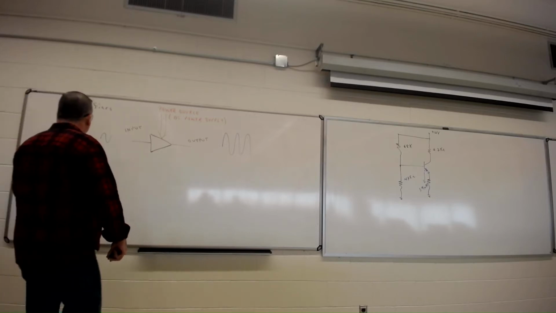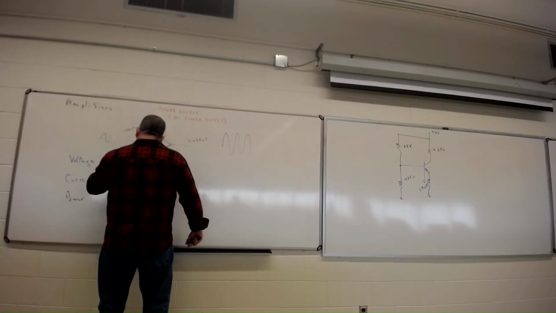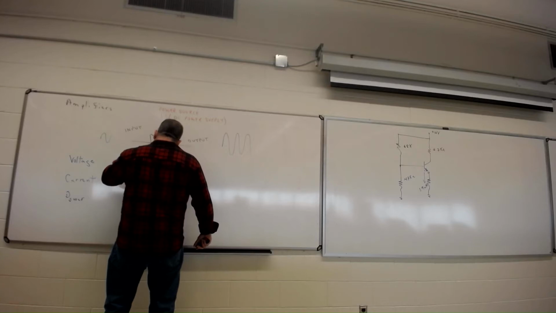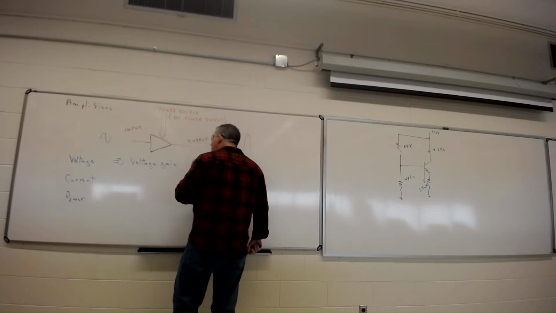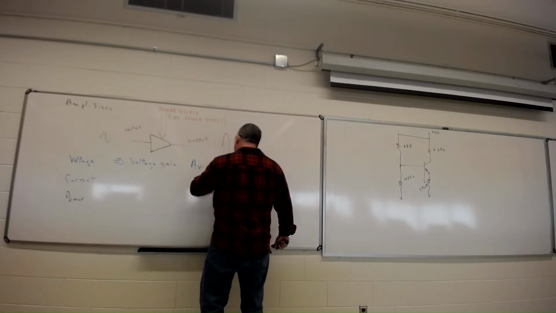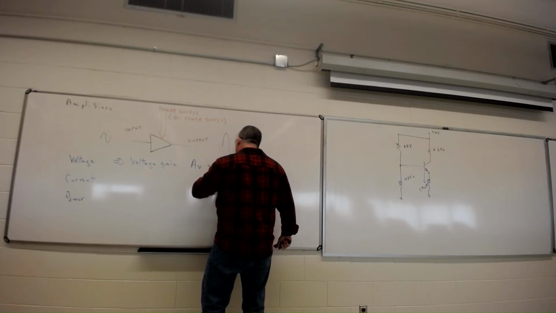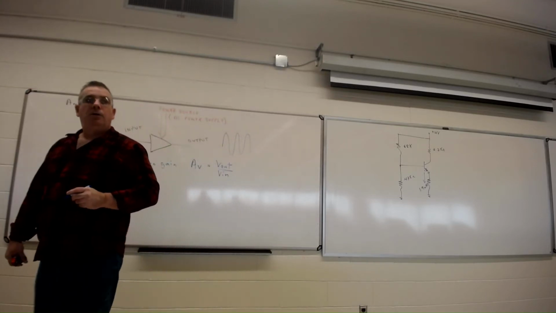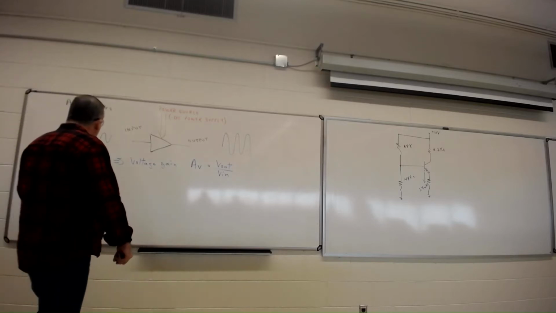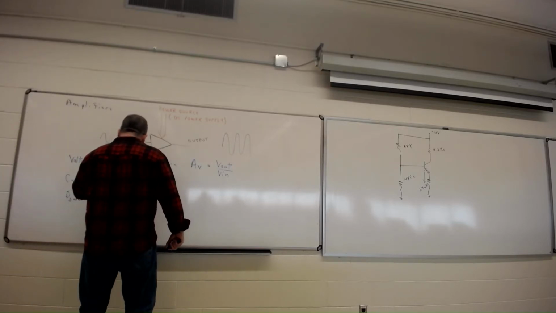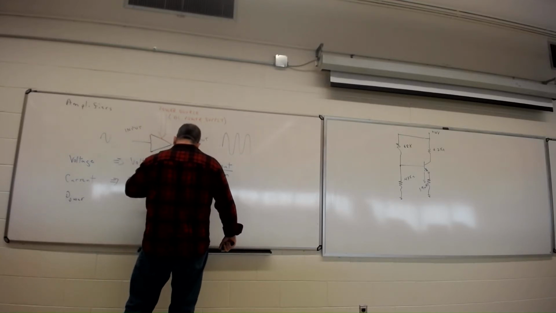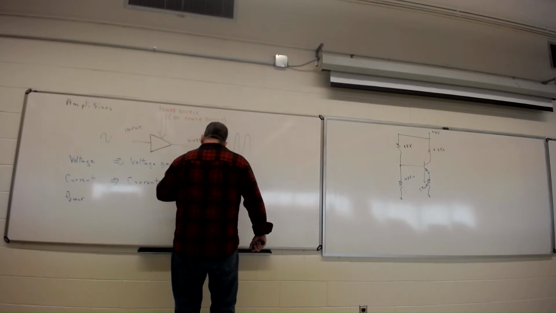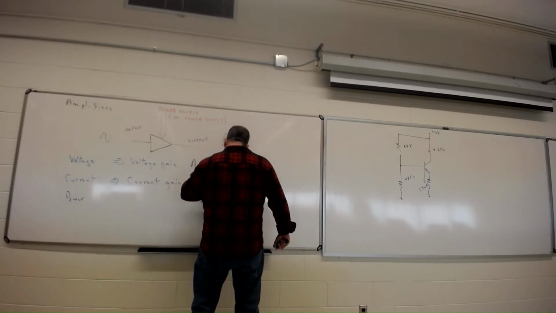So when we have a voltage amplifier, we'll talk about a voltage gain, which we call AV, and AV will be V out over V in. When we have a current gain, we call that AI, and that'll be I out over I in.